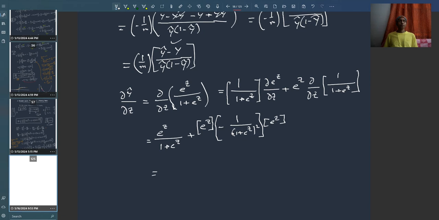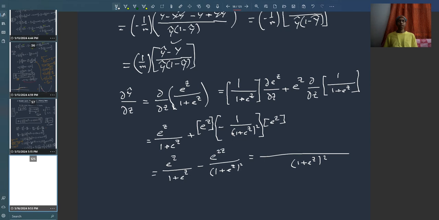So the entire expression becomes e to the power z by 1 plus e to the power z minus e to the power 2z by 1 plus e to the power z whole square. If you simplify this one, this comes to be 1 plus e to the power z whole square above.